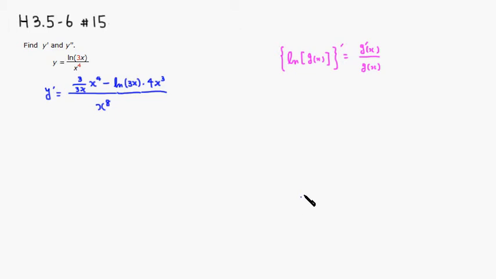And we just need to clean up a little bit here. There's an x on the bottom, and that's going to be a cubic power here, and the 3 and 3 cancel out, so we have that.